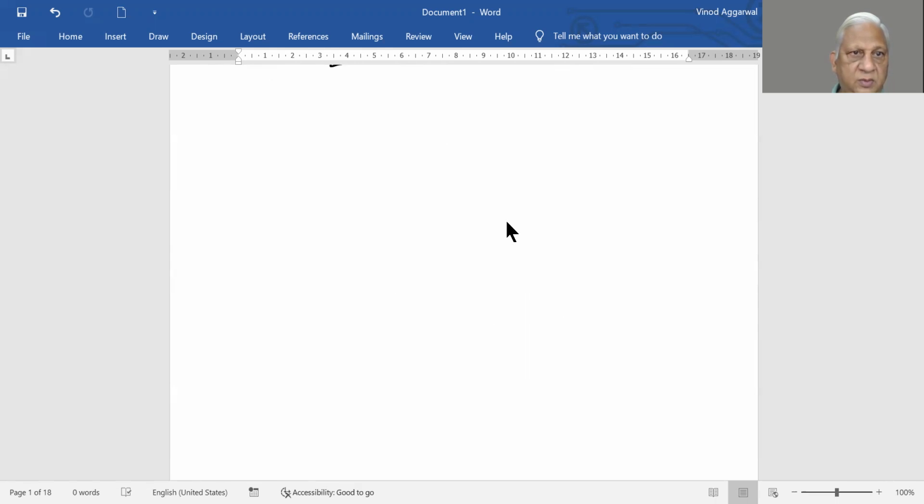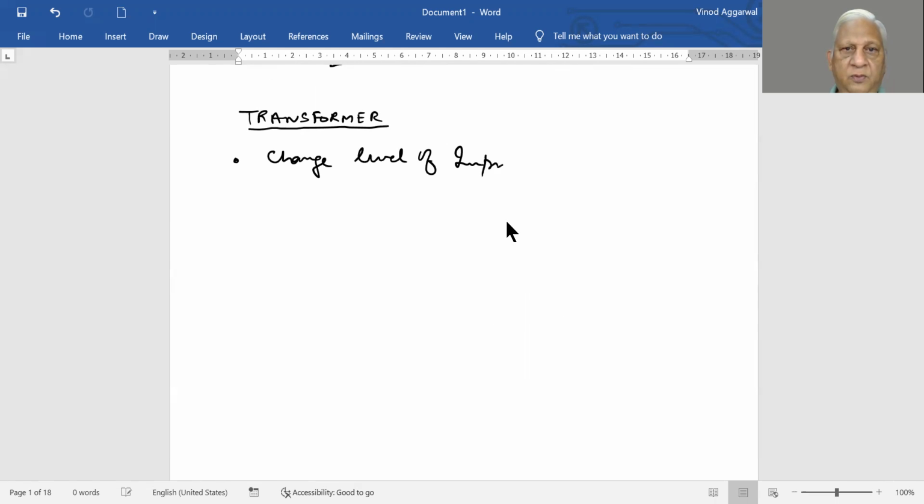Next topic is transformer. I'm sure everybody has heard this term called transformer. What is the purpose of a transformer? The purpose of a transformer is to change the level of input voltage.